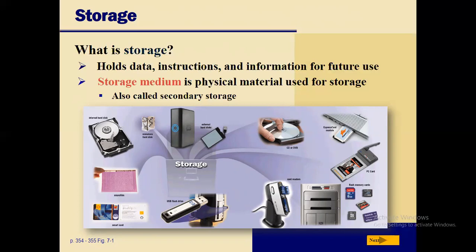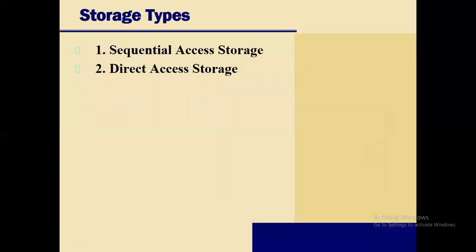A piece of information can be handled by any computer or device whose storage space is large enough to accommodate the binary representation of that information. There are two types of storage: sequential access storage and direct access storage. Sequential access storage is non-addressable.